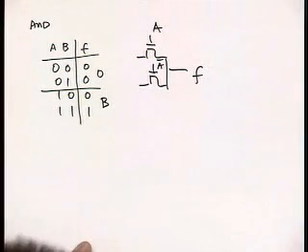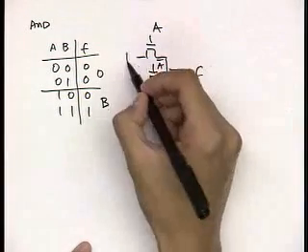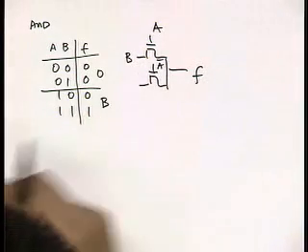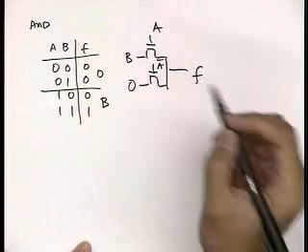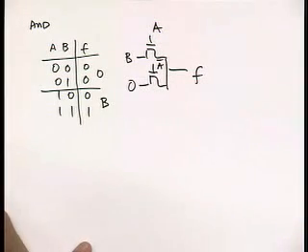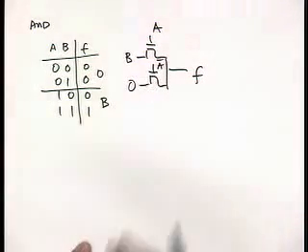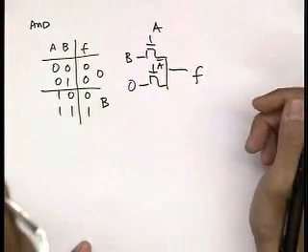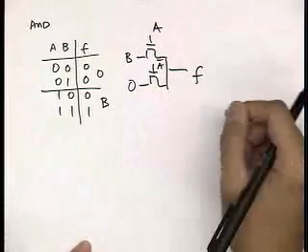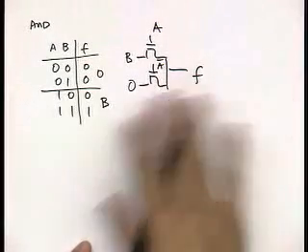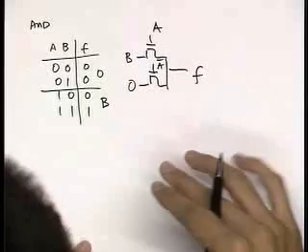When a is 1, b should be routed to the output. When a is 0, 0 should be routed to the output. That's usually how you design for multiplexer implementation. But this is easy. You can do this.